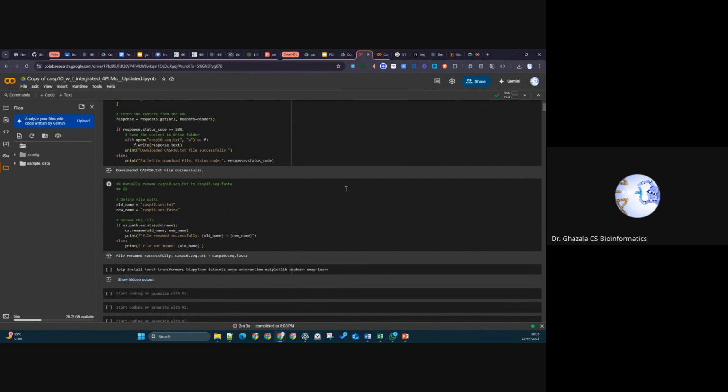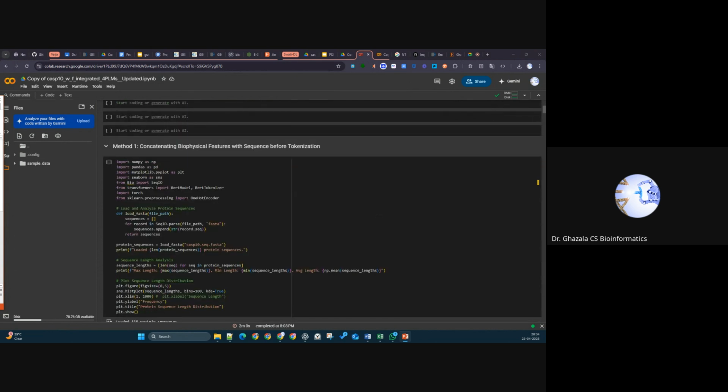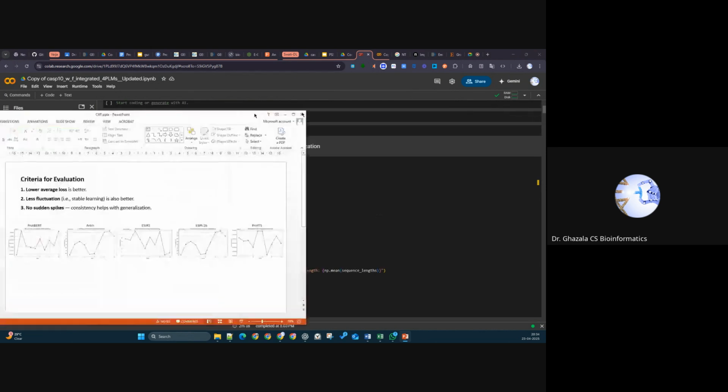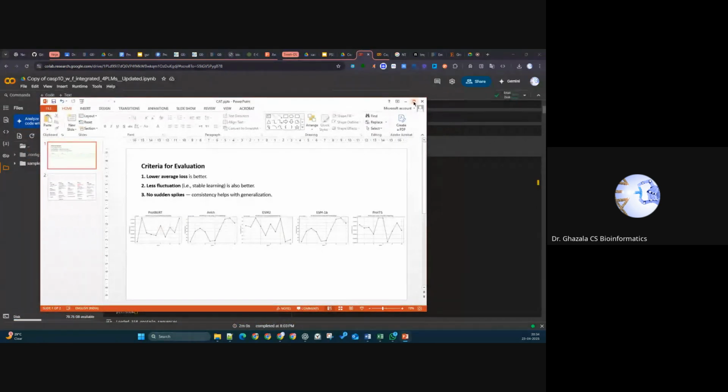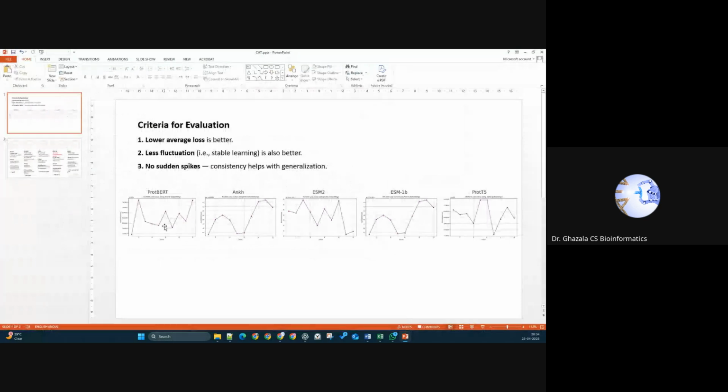So the criterion for evaluating these losses, as we mentioned, is that lower loss is better, and the less the fluctuation, the better the results, like the figures we already have from the ColBERT and other models. But we cannot look only at fluctuation and average loss.